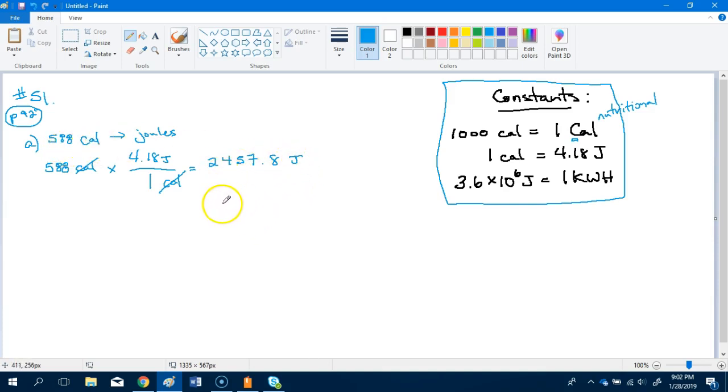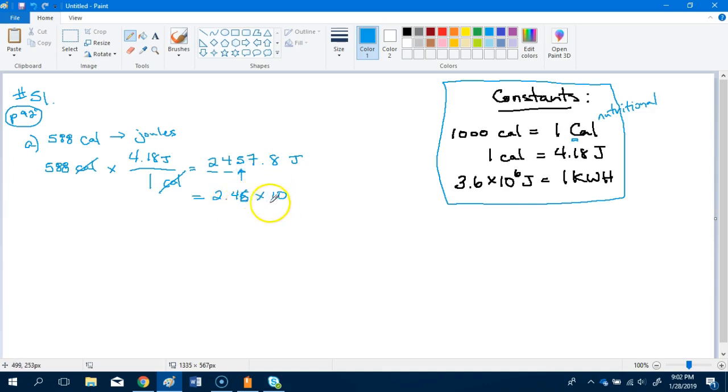Now, if you look at the answer in the back of your textbook, they want you to write your answer to 3 significant figures. So that means I have to change this into scientific notation. I'm going to write it as 2.46, because I have to round up this number here.